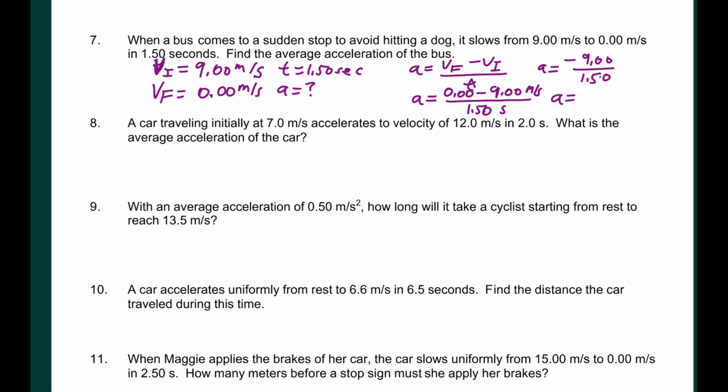Negative 9 divided by 1.5 is 6. So it's negative 6 meters per second squared. Notice your units. Notice it can be negative, which basically means you're slowing down relative to your motion.